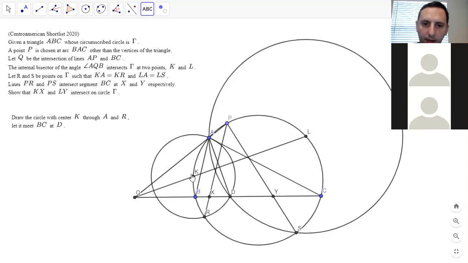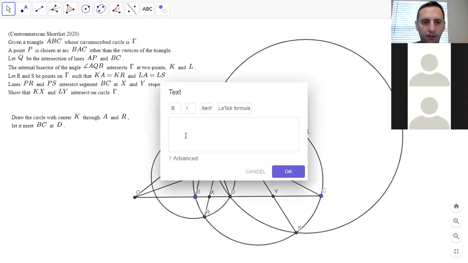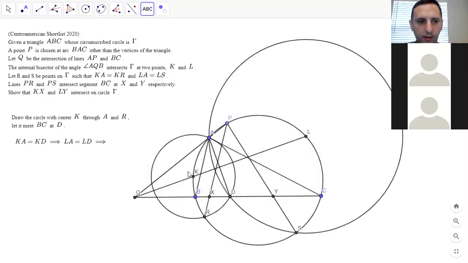So KA equals KD implies LA equals LD. And that means L is the circumcenter of ADC.